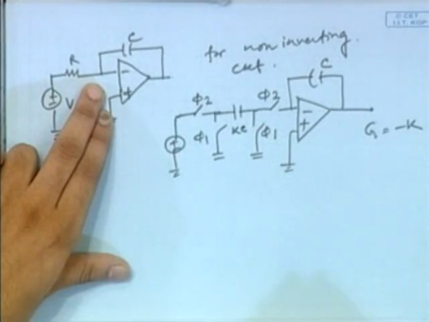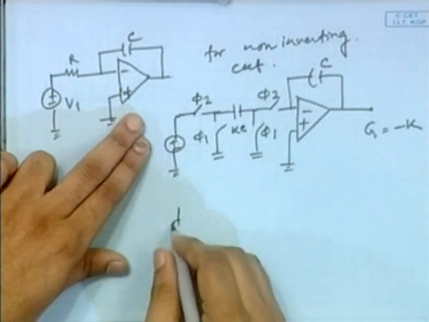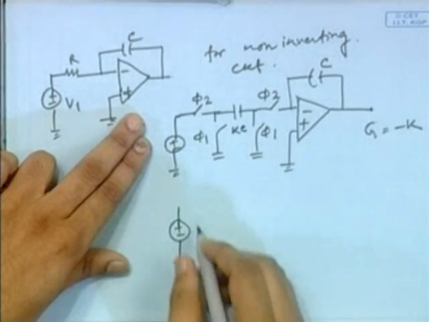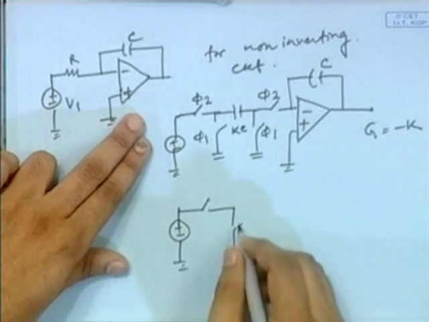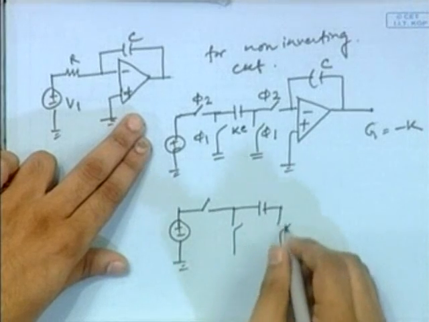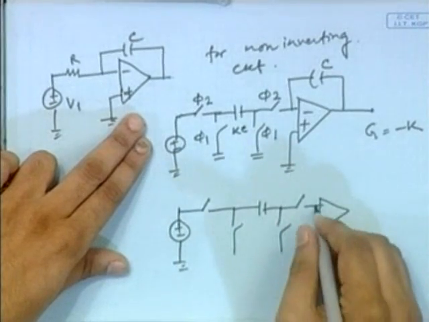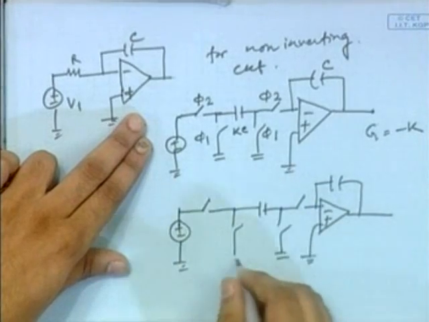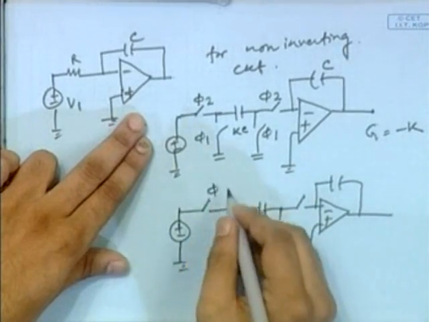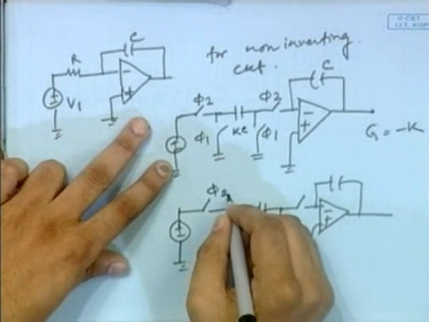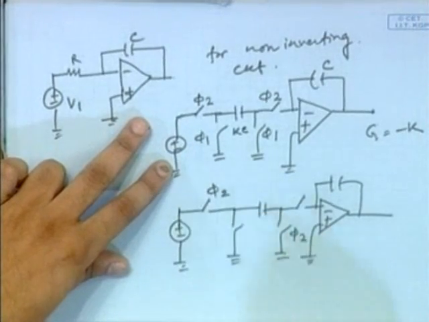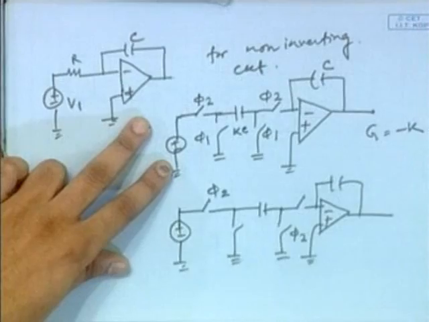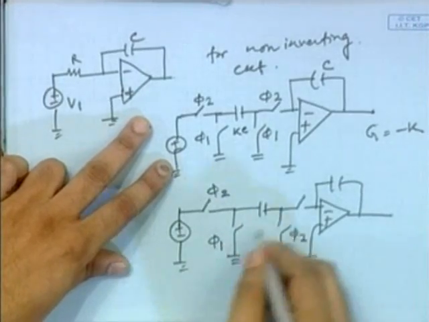Clear? And for the non-inverting case, the switching connections are: if this is equal to phi 2, now this will be phi 2, and if this is phi 1, then this will be phi 1.